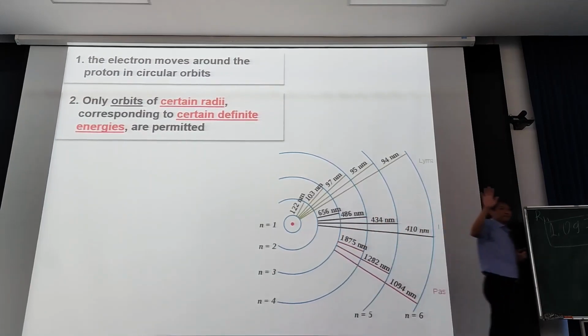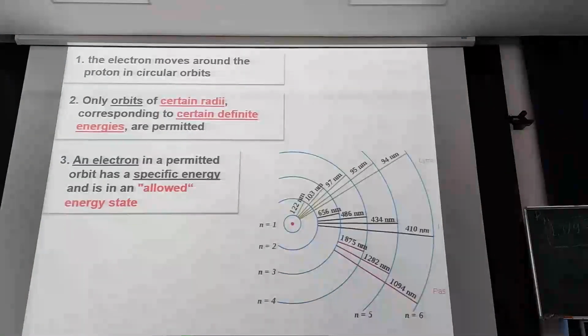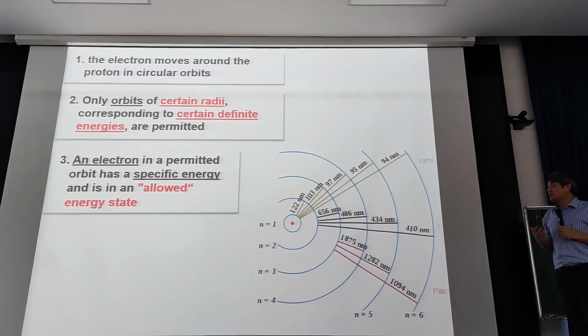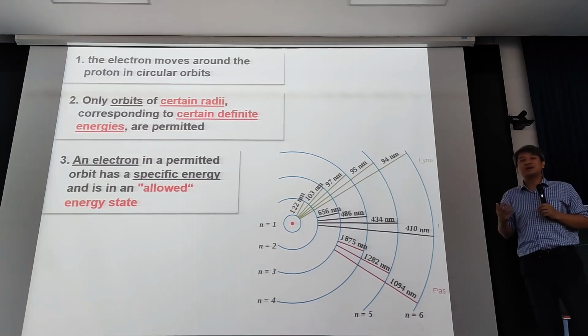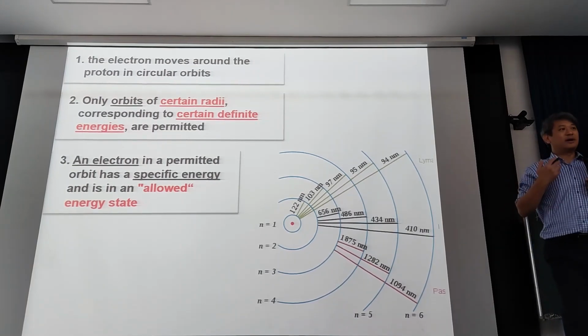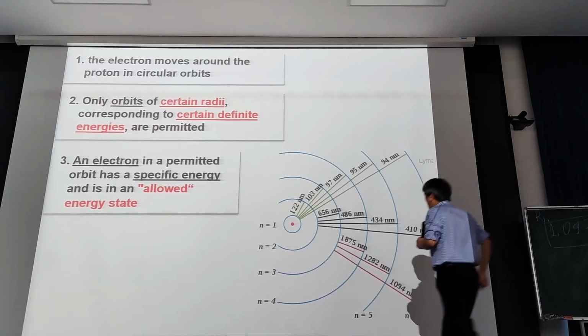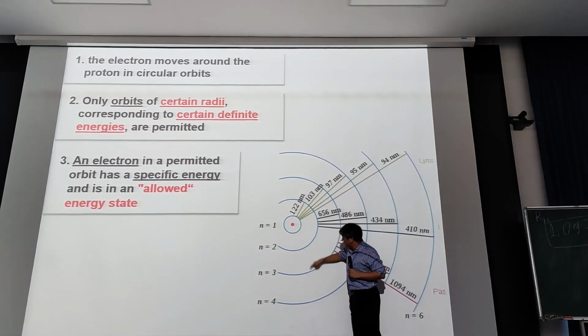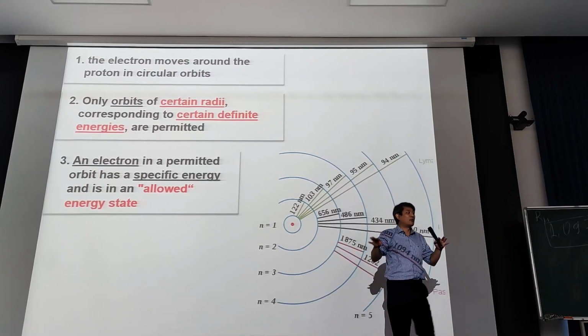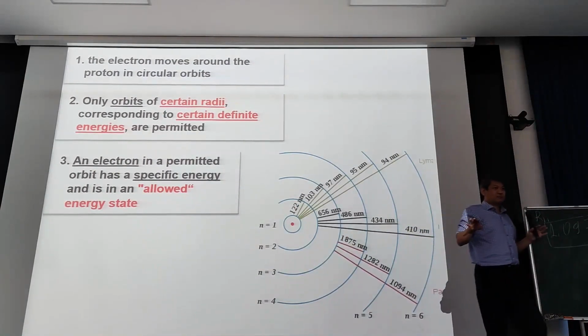Is it clear? Next. An electron in a circular orbit has a specific energy that we call an allowed energy state. It also means all the states in between are not allowed, or we call forbidden. Okay?